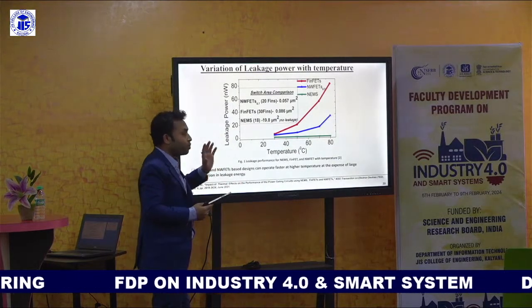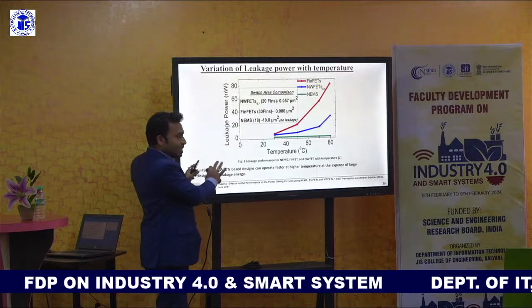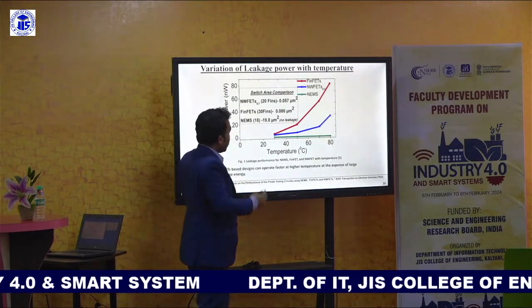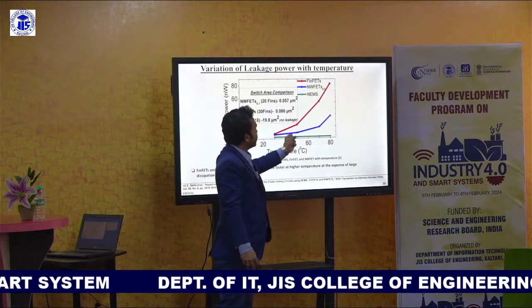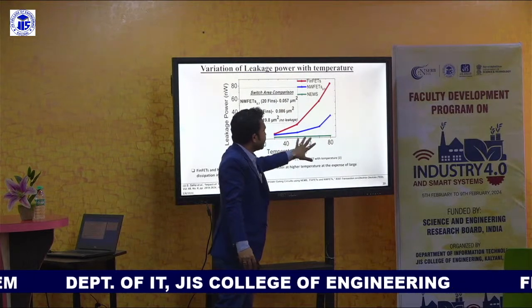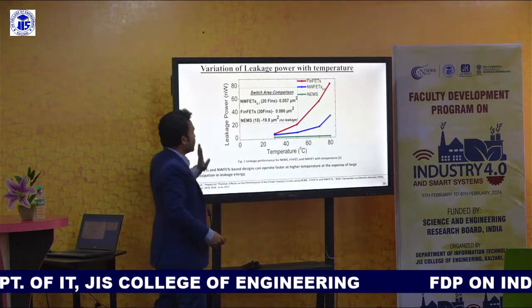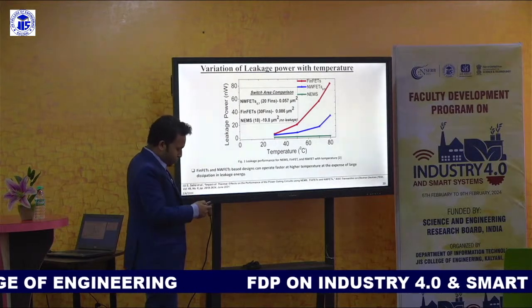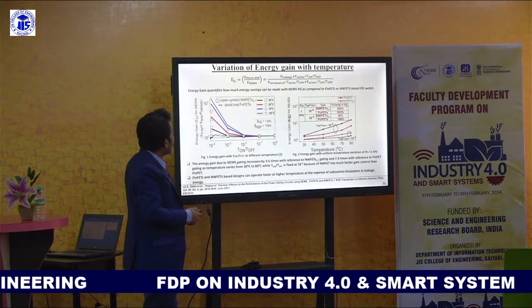That is the main problem. It is a very challenging problem. That's why I am showing this. If you introduce NEMS, you can tackle these challenges. That is the motivation of doing this, and it was also published in IEEE.